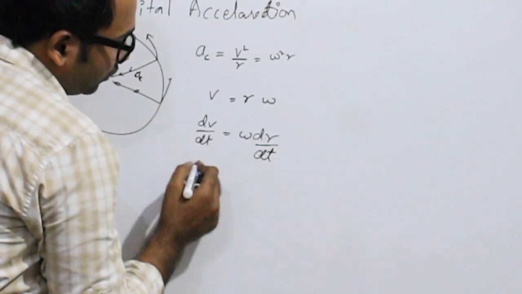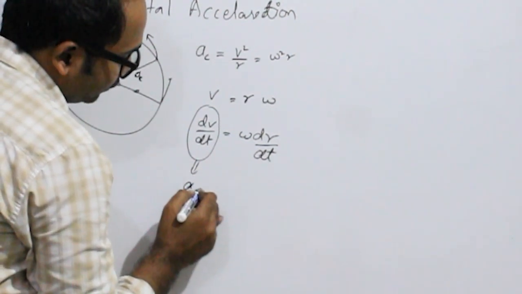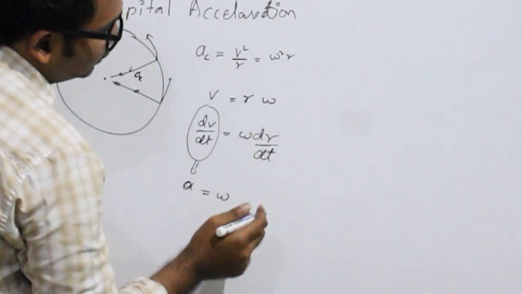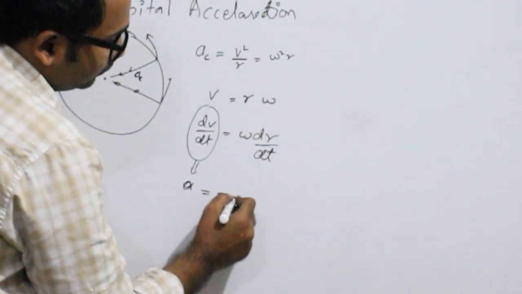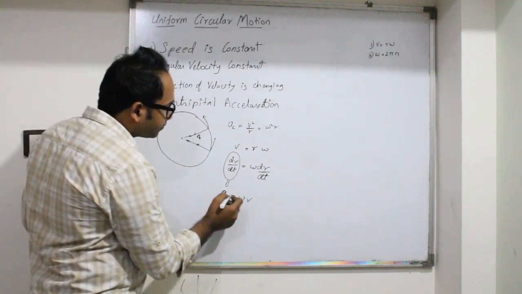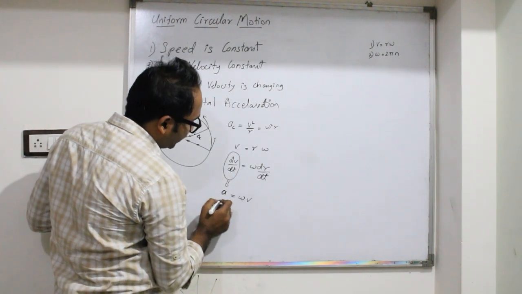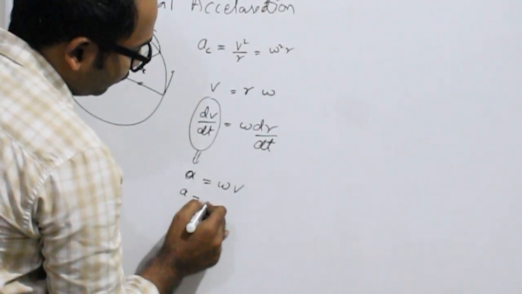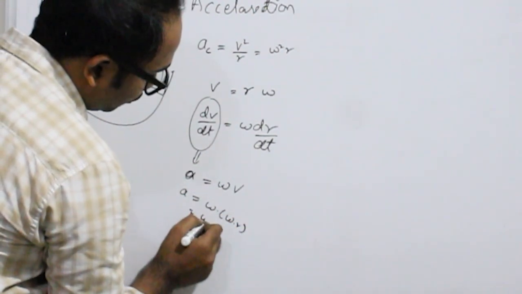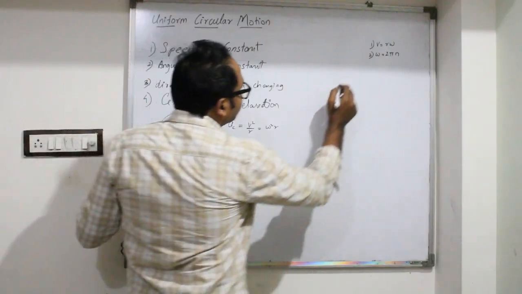Now what is dv by dt? It is nothing but acceleration. And what is dr by dt? It is velocity, the change in displacement with respect to time. So now if I replace this v again by r omega, acceleration will be omega into omega times r, that is omega square r. So this becomes your third formula.